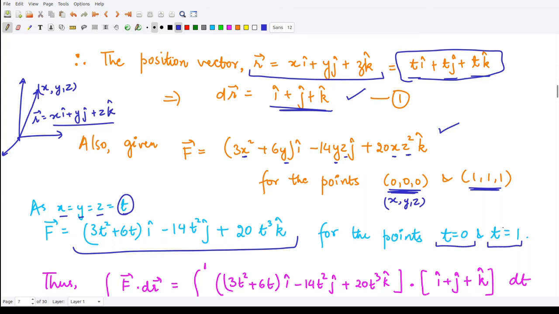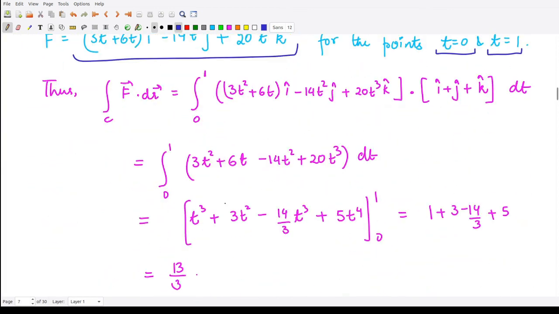So you are seeing that here we were in 3 dimensions, a vector representing the position of a particle in 3 dimensions. We have now changed that system from 3 variables to 1 variable. That means you will take the dot product of these two vectors that you have calculated, and perform the integration with respect to t, right?